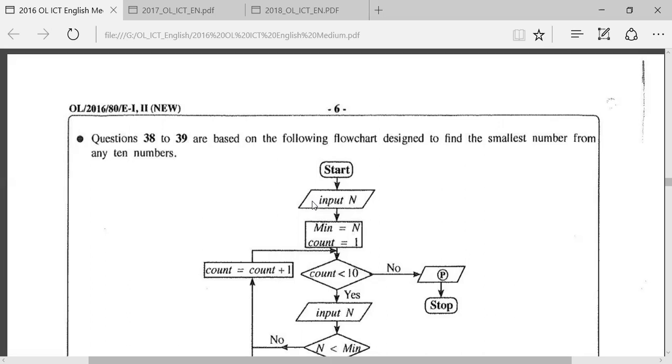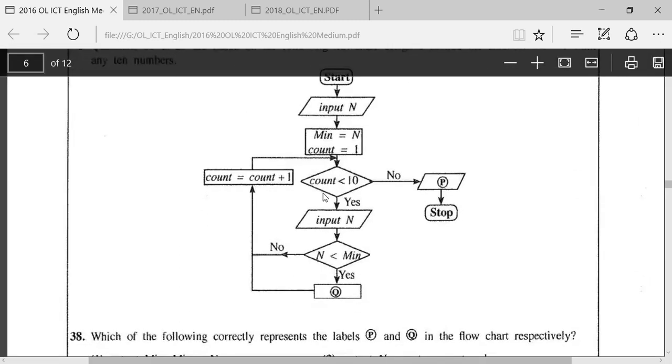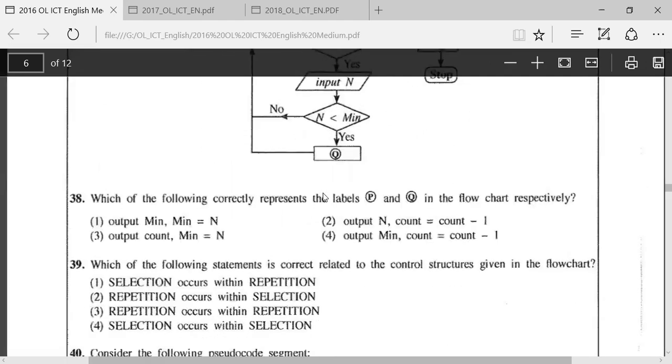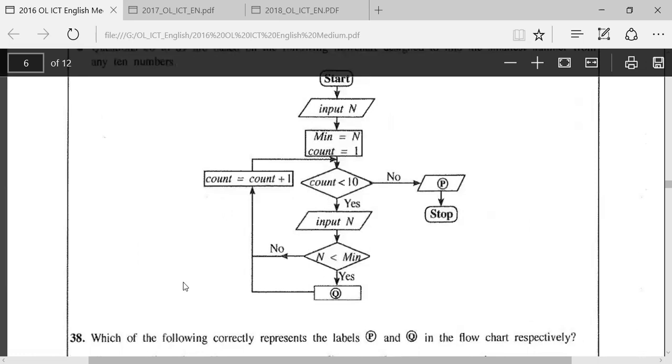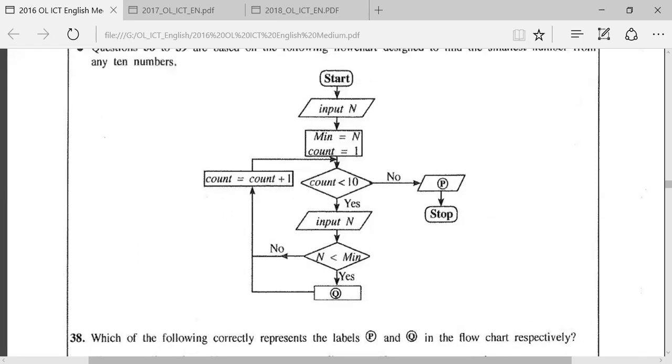So you are going to find the smallest number among 10 numbers. So this is the flowchart given. First question is, which of the following correctly represents the labels P and Q in the flowchart respectively, right?